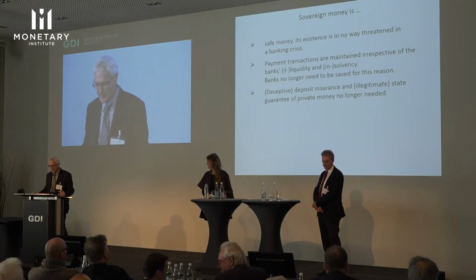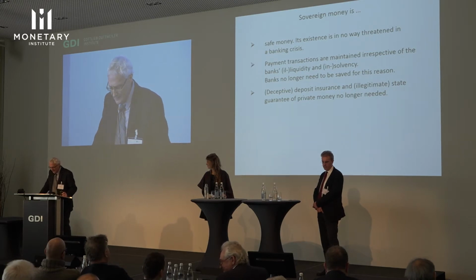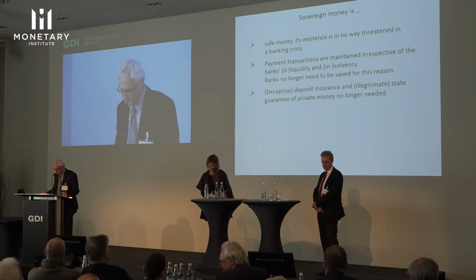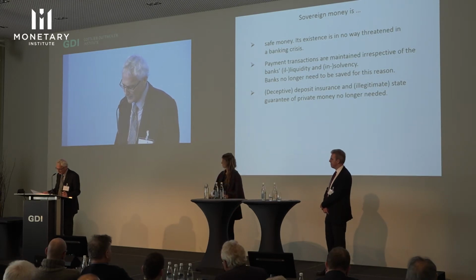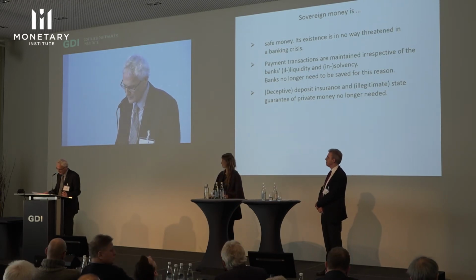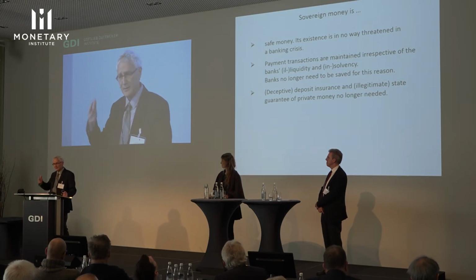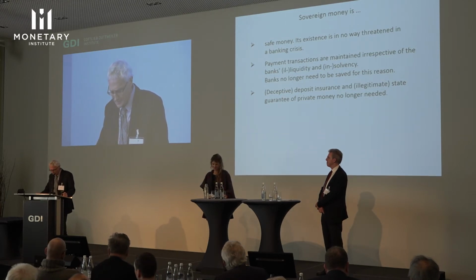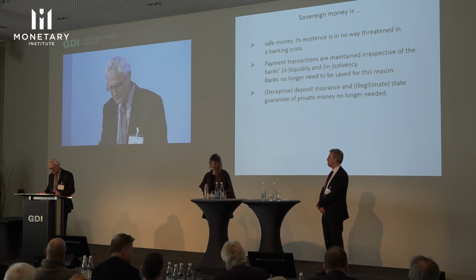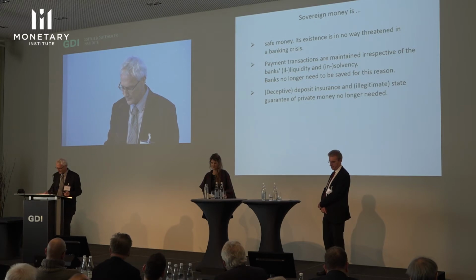As sovereign money is a safe asset, it cannot disappear in a crisis, so the existence of the money is not threatened in a banking crisis, and that's why banks no longer need to be saved for that reason. And equally, deposit insurance and state guarantee of private money would no longer be needed.